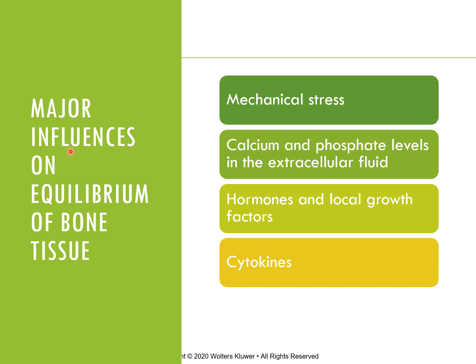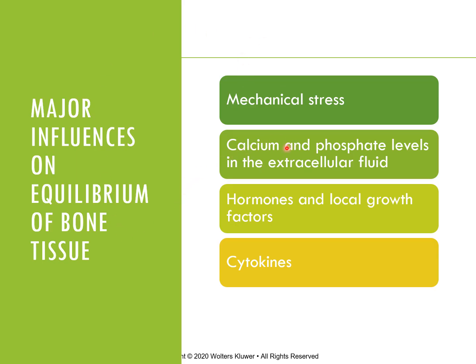There are a lot of different things that influence that equilibrium. One is mechanical stress. Things like weight bearing are essential to maintaining that equilibrium. If we do not have adequate weight bearing or mechanical stress on bones, we get more overall breakdown than bone formation.